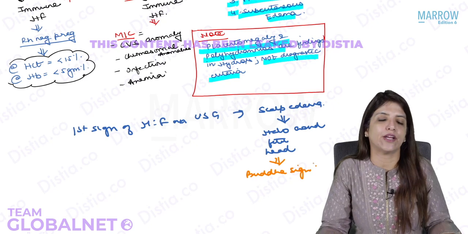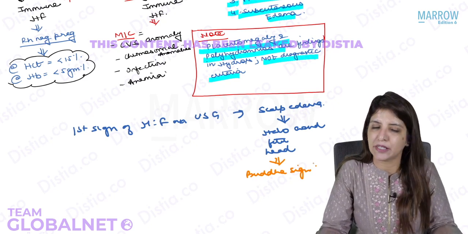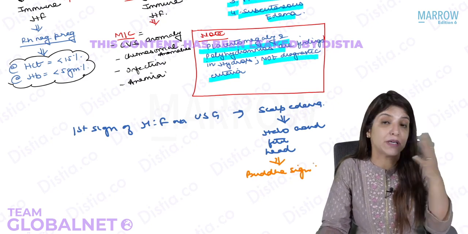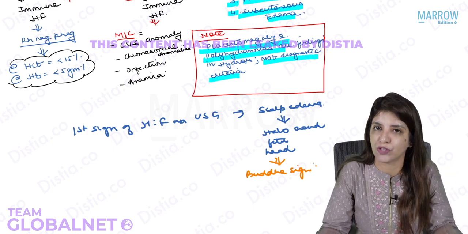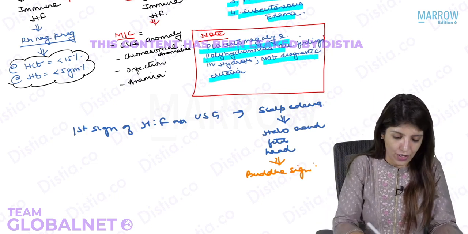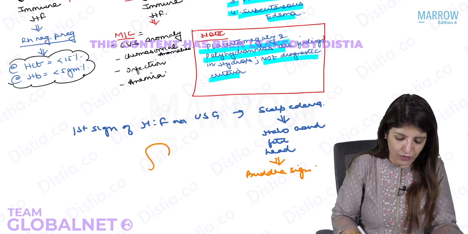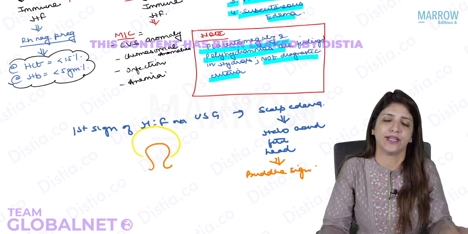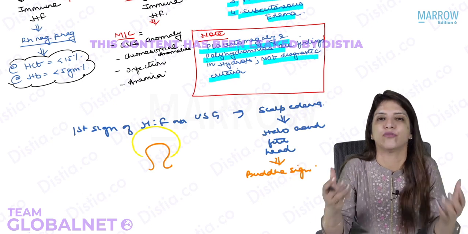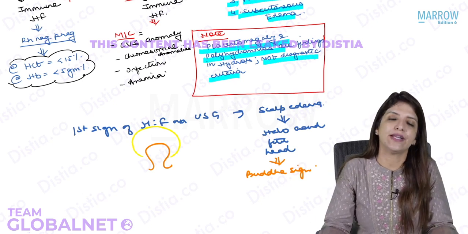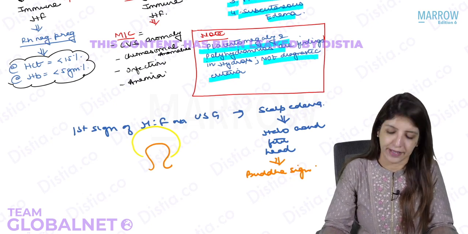Right, so the first sign of hydrops fetalis is scalp edema, which appears as if there is a halo around the fetal head, like Lord Buddha had. So if this over here is the fetal head, you are going to get a halo around the fetal head because of the scalp edema. Right, this is what is called the Buddha sign.